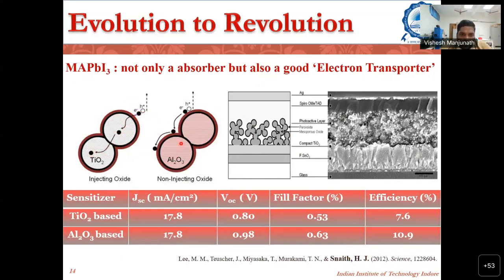However, the perovskite had a capability. It is not only a light harvester, it can also transport electrons on its own. And this finding was very big. People started understanding the robustness of perovskites. With the Al2O3 insulating scaffold, around 10.9% efficiency was achieved by Snaith.